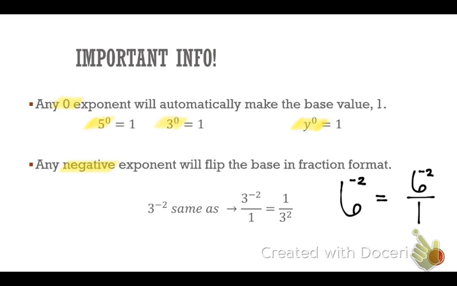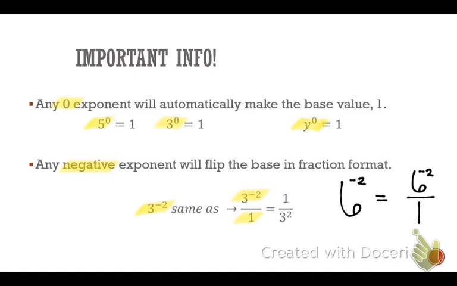It's the same thing. So for all of these, and this is your overall rule for the entire lesson, any number raised to a power can be put into a fraction. You say, well, there's no fraction. Well, then it's over 1. All right, you with me? This is really important. So over here, what we've written is 3 to the negative second power is the same thing as 3 to the negative second power over 1.